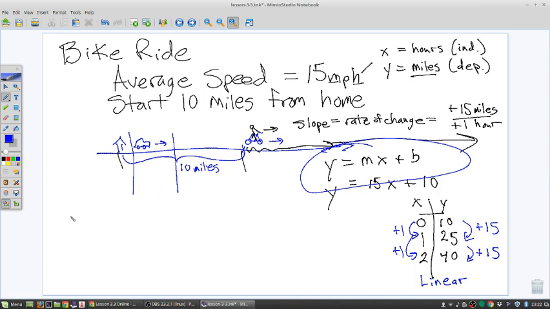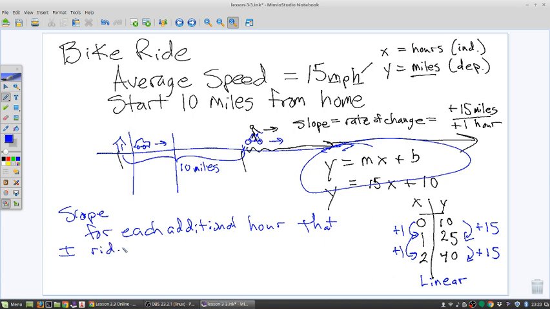Interpretation of the slope right here would be that for each additional hour that I ride, I cover 15 more miles.